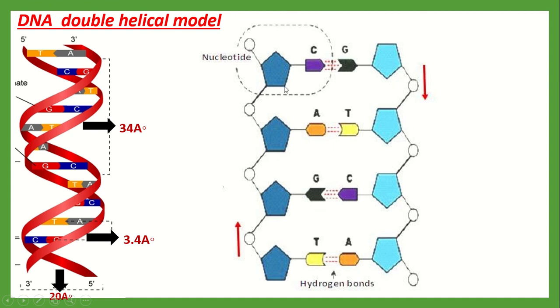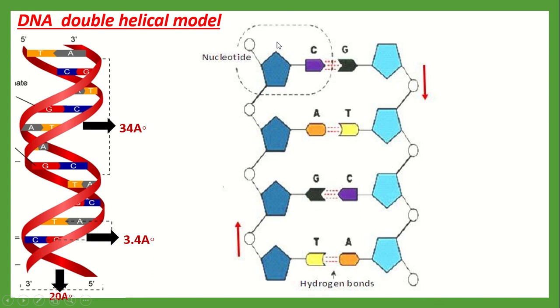The molecular weight of DNA is from 10 to the power 6 to 10 to the power 9. Between the two strands, every step is connected with a pair of nitrogen bases. Everybody sees these two strands. Every step is connected with a pair of nitrogen bases.